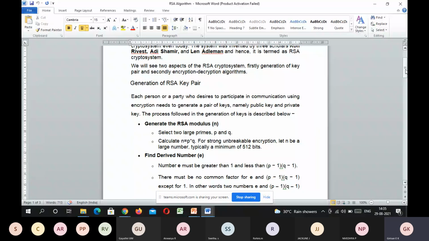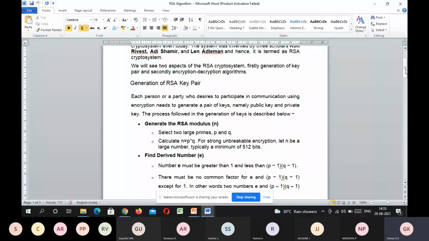Now RSA also makes use of prime numbers. The process of generation of keys is important in the RSA algorithm. So how do we generate the keys? The first step is to select two large prime numbers.